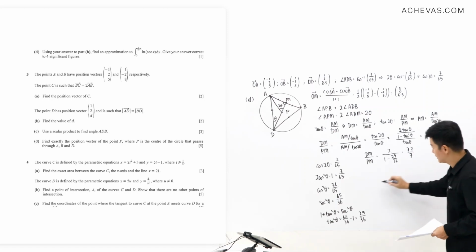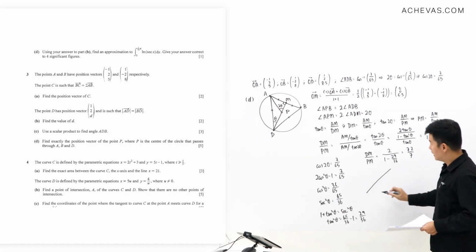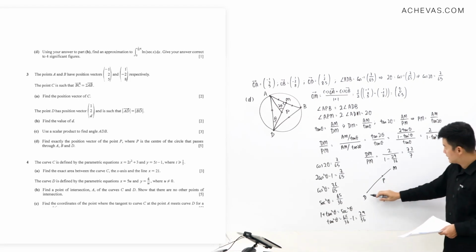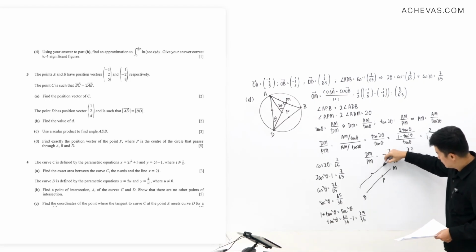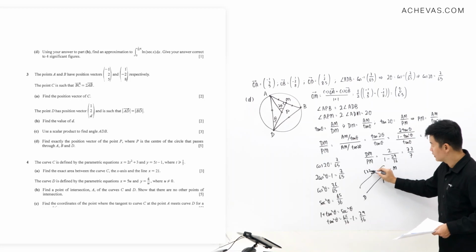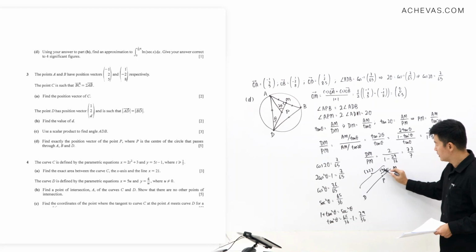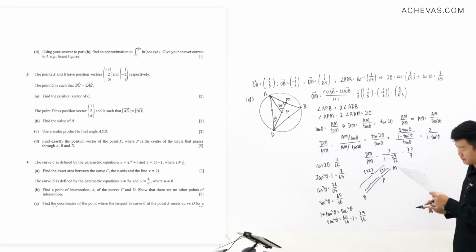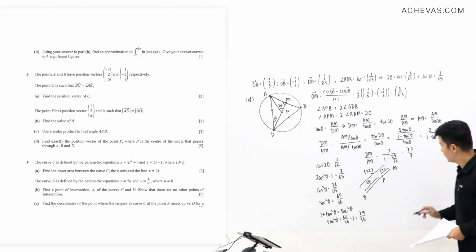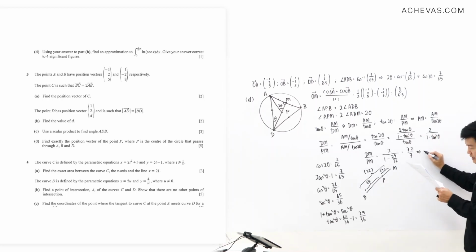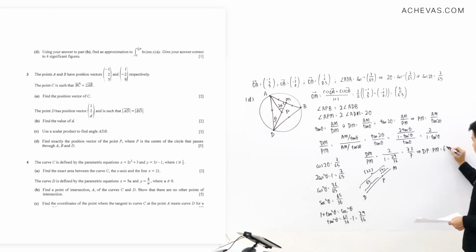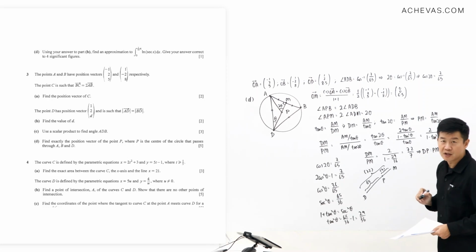Let me just try to redraw this. So if I have D here, if I have a P here, and if I have an M here. We know that DM, this has a proportion of 72 versus PM, which is going to be this, has a proportion of 7, which means that this is going to be having a proportion of 65. So from here, we can deduce that DP is to PM is going to be equal to 65 is to 7.